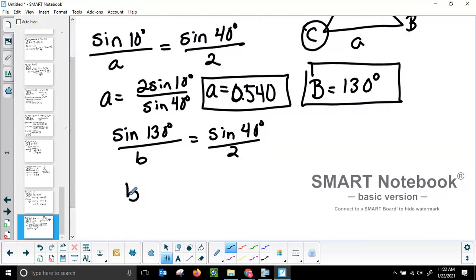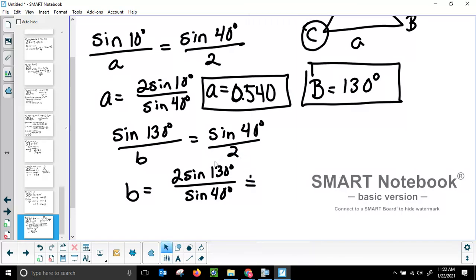So doing here, B is going to equal 2 times the sine of 130 divided by the sine of 40. And when we do that, B will equal 2.384.